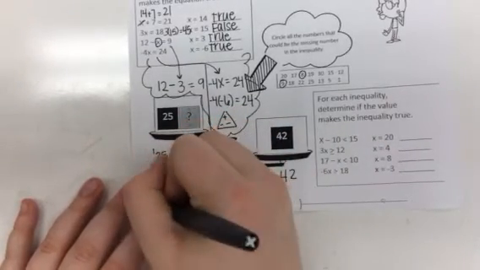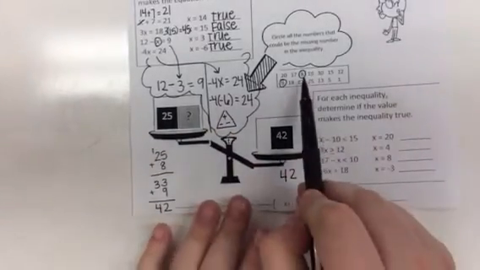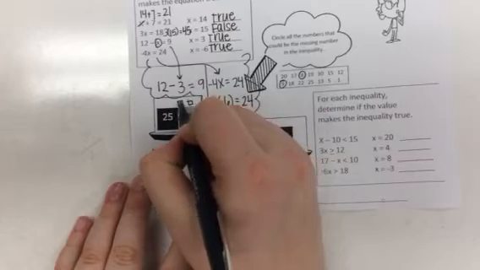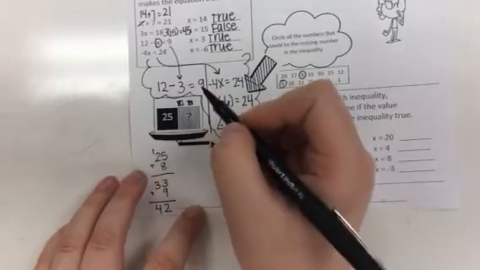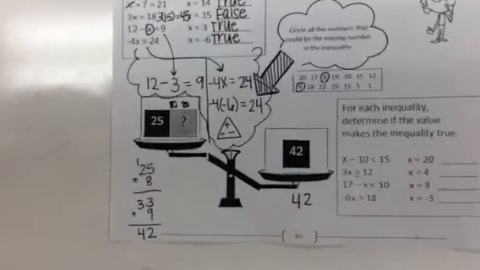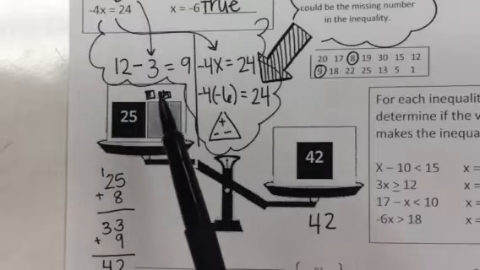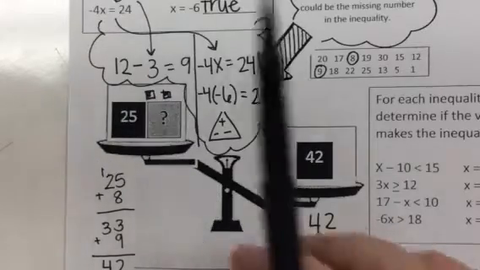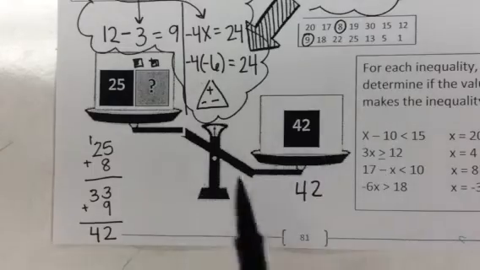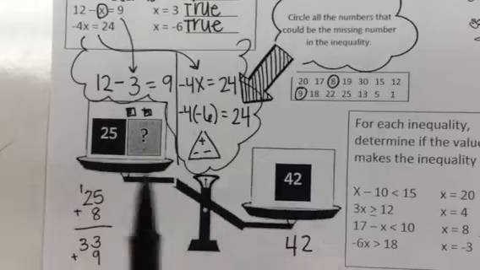So I add that together and I get 42. So if I had a box of 8 and a box of 9 on my left side, now that I have 25 and an 8 and a 9, they now equal 42 on the left side, and it's equal to the right side. So that's one way that we could do it. Let's look at some more that we could do.